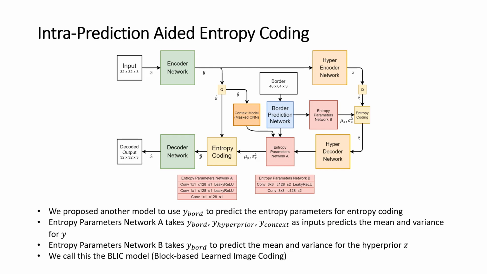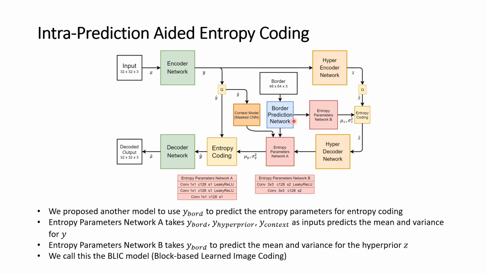The second model we propose uses Intra-Prediction to aid entropy coding. We utilize the border predicted features to help gain a better estimate of the mean and variance parameter for y. We use an entropy parameters network to take in the outputs of the context model, the border prediction network, and the hyperdecoder network to predict the mean and variance.